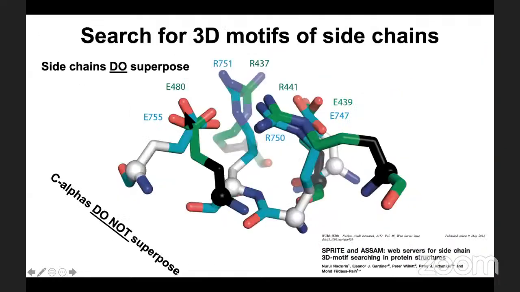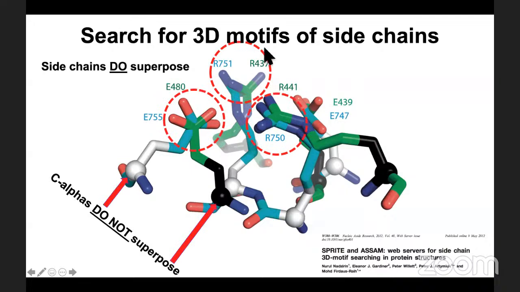Here, what you can see is that the side chains here superpose quite well. Okay, so as we know, the business end of the amino acid is going to be the side chains. These are the ones with the features. These are the ones that are going to be interacting with other proteins, other amino acids, other ligands.